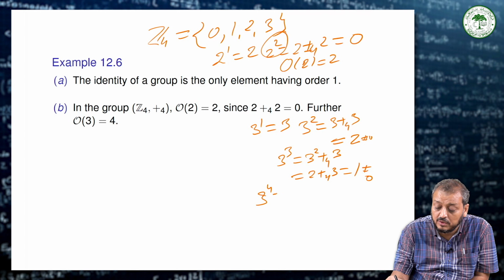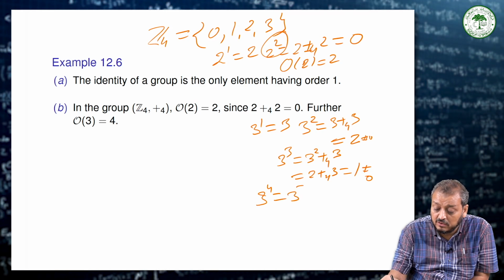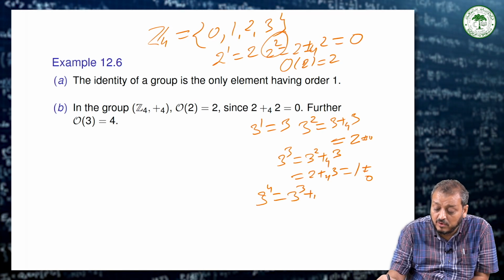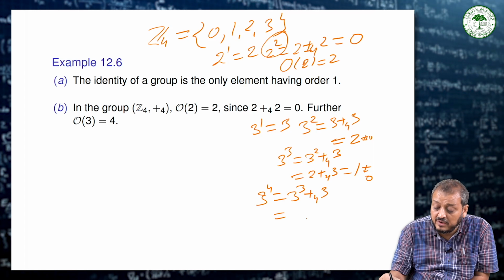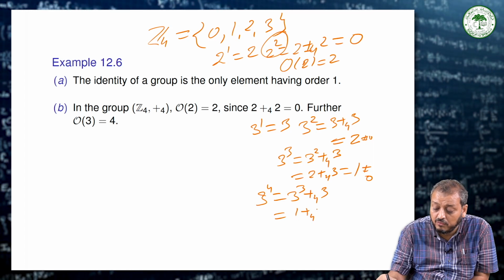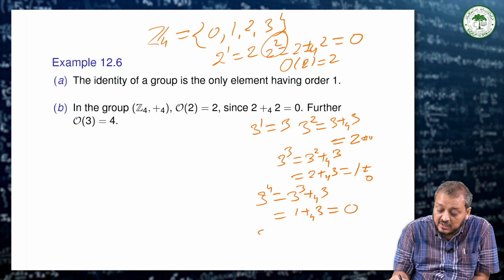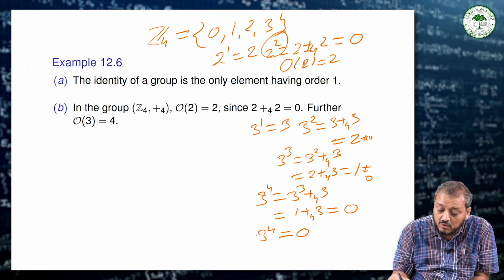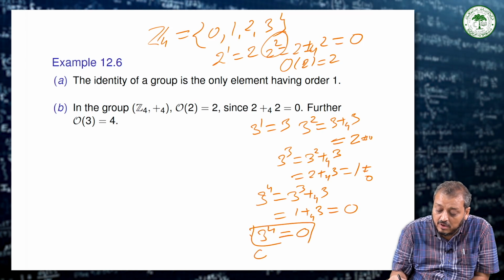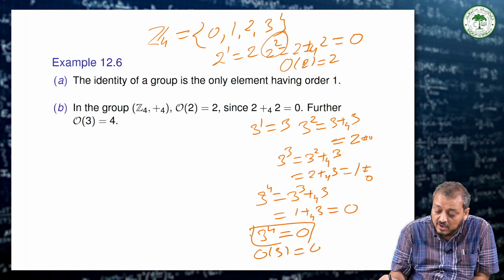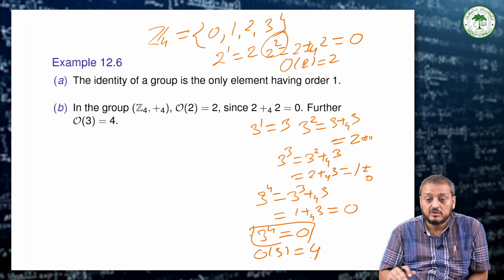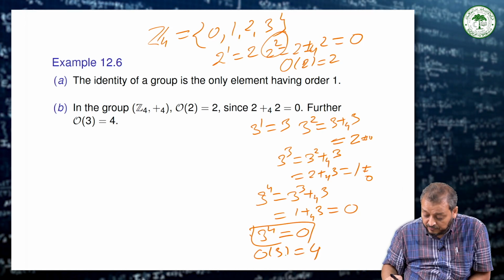Then 3 to the power 4 is 3 to the power 3 addition modulo 4, 3, which is 1 plus 3, equal to 0. So ultimately 3 to the power 4 is equal to the identity element, and the order of 3 is equal to 4.